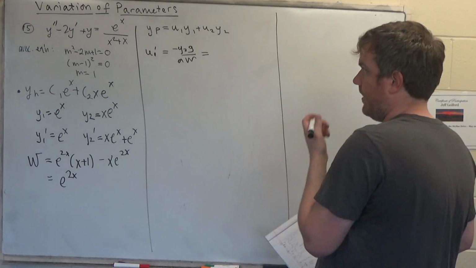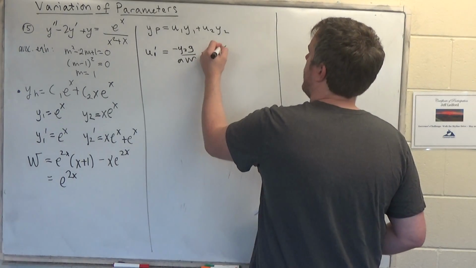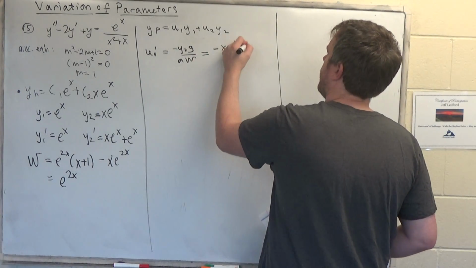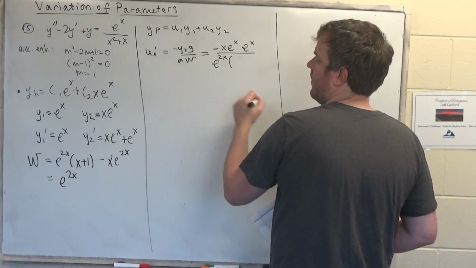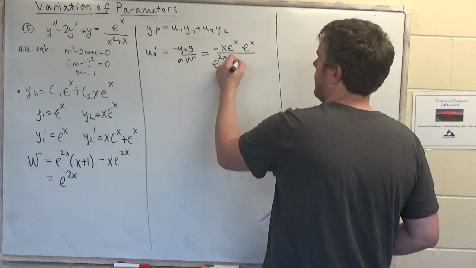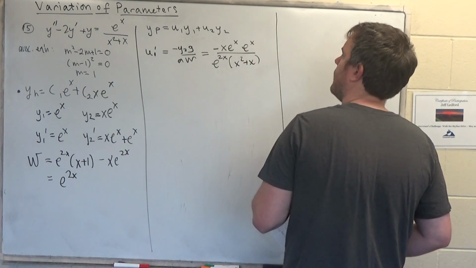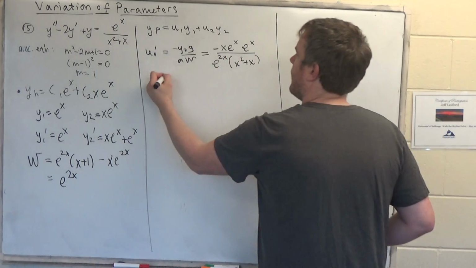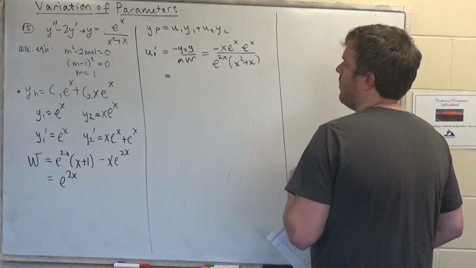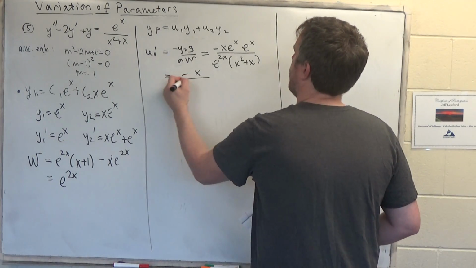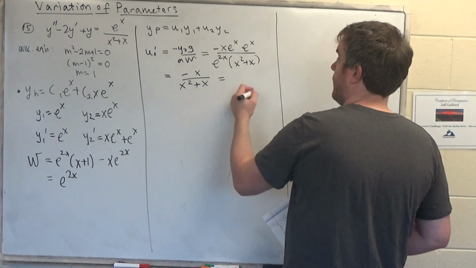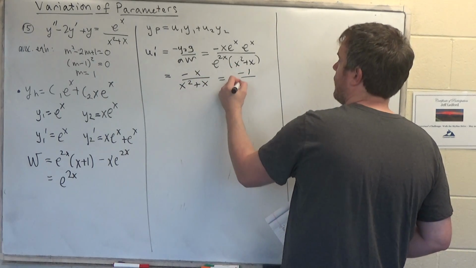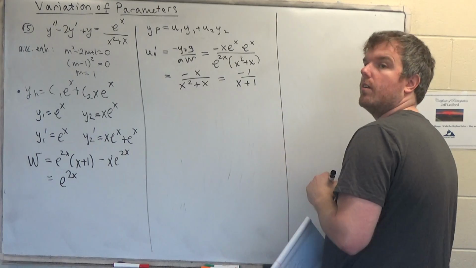And when I plug that in here, I'm going to get negative x e to the x times e to the x over e to the 2x times x squared plus x. Now this actually simplifies quite a bit. It's negative x over x squared plus x. But this simplifies further. This is just negative 1 over x plus 1.